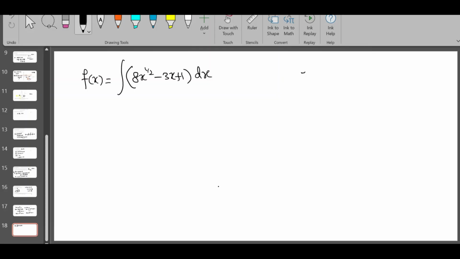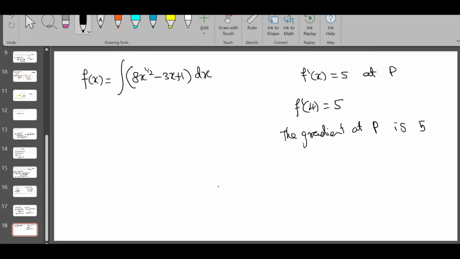The condition given was f dash of x is equal to 5 at p, right? There are several different ways they can give the same condition. They might give you this way: f dash of 4 is 5, or the gradient at p is 5.